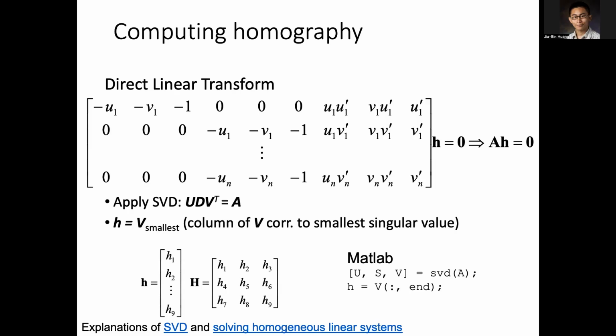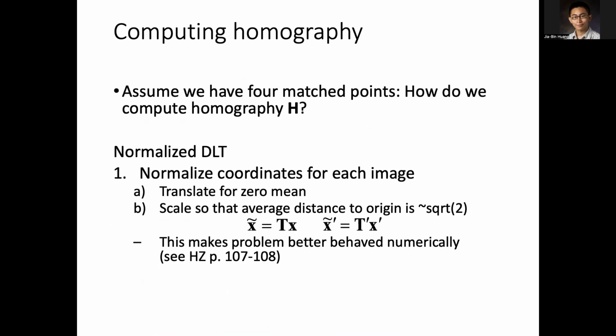So what we can do to address this, the key detail, is that before you apply the DLT, you first normalize the points, right? So of course you still have the keypoint correspondences, but you first figure out the transformation that can translate and scale the points so that this x tilde, this new point set, has zero mean and unit variance, okay?